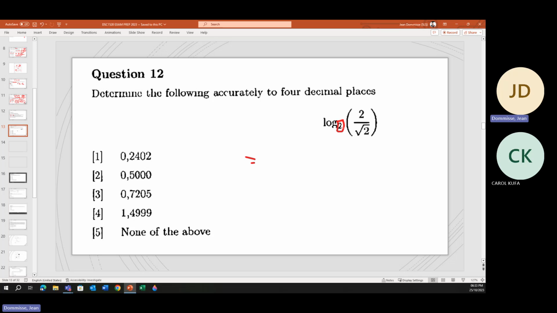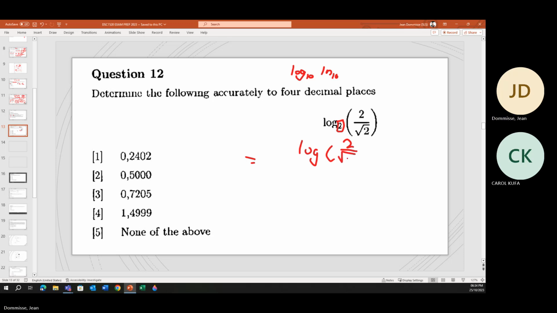The standard log functions on a calculator, log or ln, are normally to a base of 10. If you are able to change that base, great, then you can work it out on your calculator. If you can't, then we still have a solution.